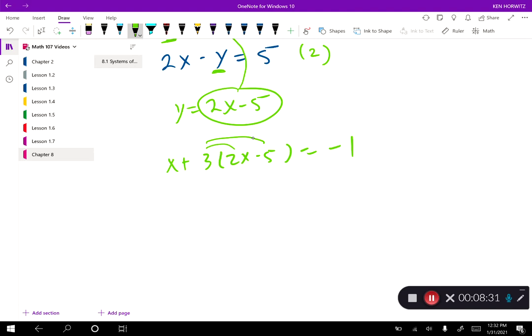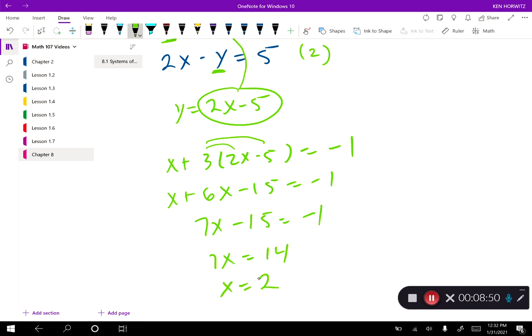So here I can just directly solve. I get x plus 6x minus 15 equals -1. I get 7x minus 15 equals -1. And then I get 7x equals 14 and x equals 2.